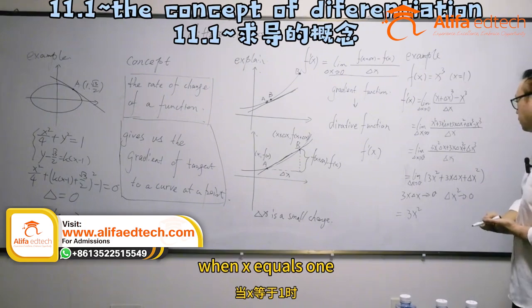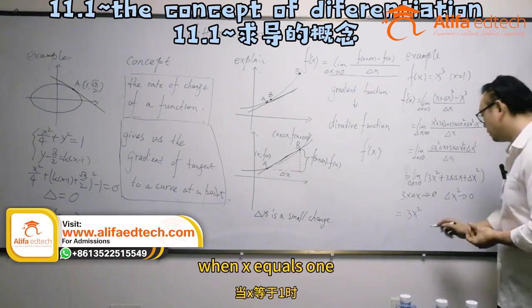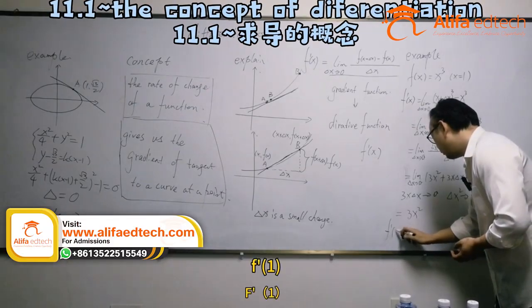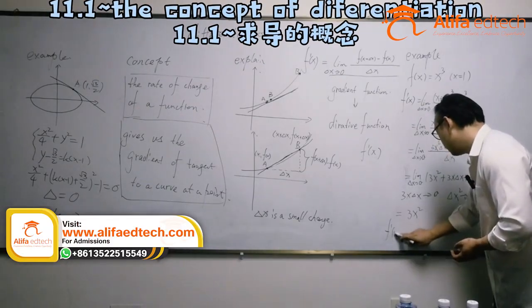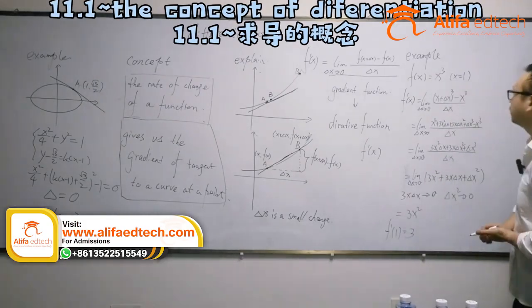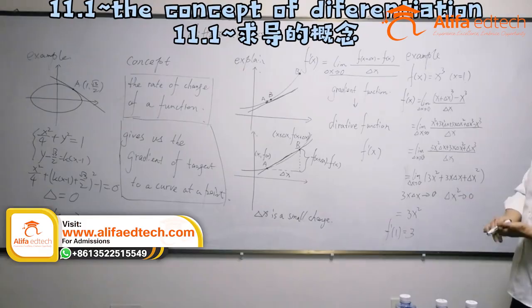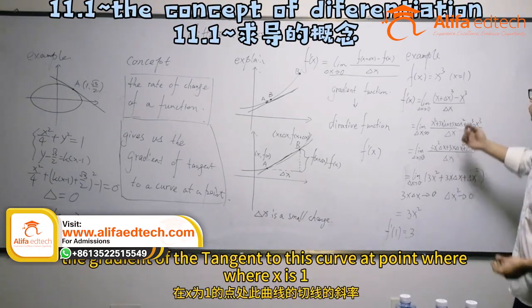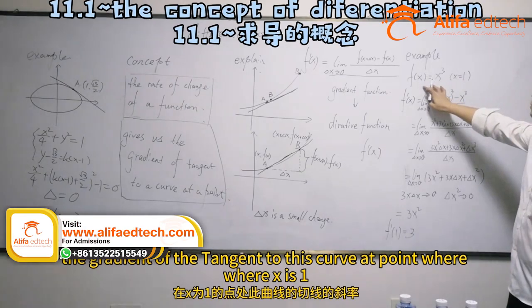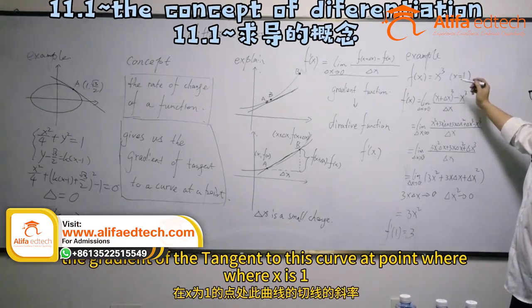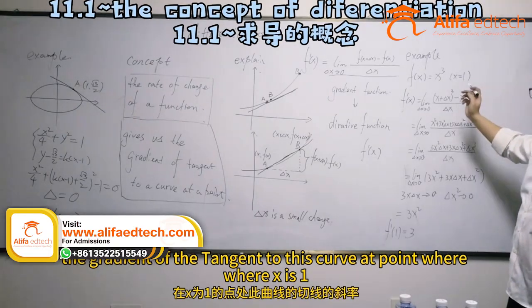When x equals 1, f prime 1 is 3. Now we get the gradient of the tangent to this curve at the point where x is 1.